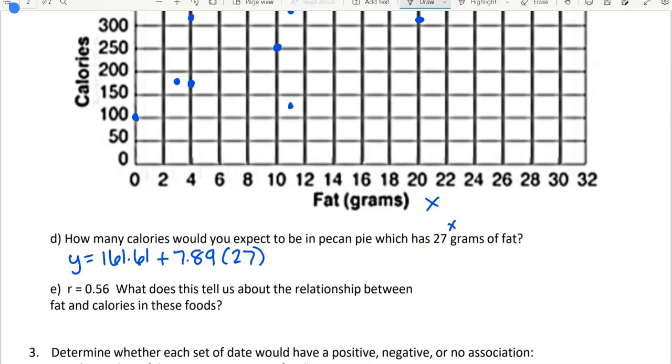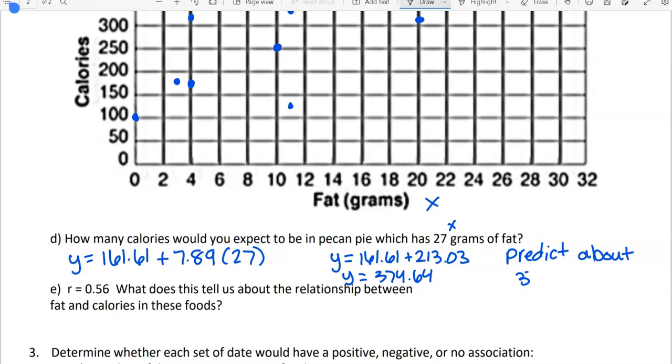I'm going to multiply first. 7.89 times 27 is going to give me 213.03. Now I am going to add that to 161.61, and I'm going to get about 374.64. So we're going to predict about 374.64 calories in pecan pie.